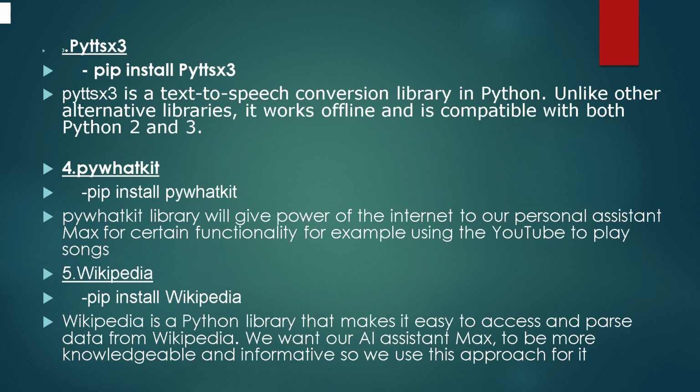Parsing is the method of extracting. The data is already available in Wikipedia, and what Python does is just extract the data from Wikipedia. We want our AI assistant Max, remember, the name given to our personal assistant, to be more knowledgeable and informative. So we use this approach for it.